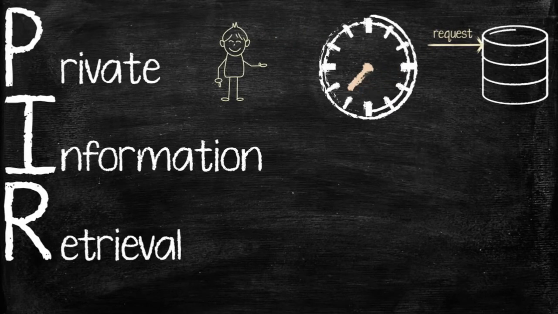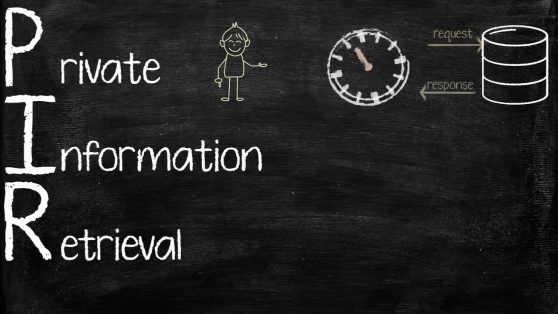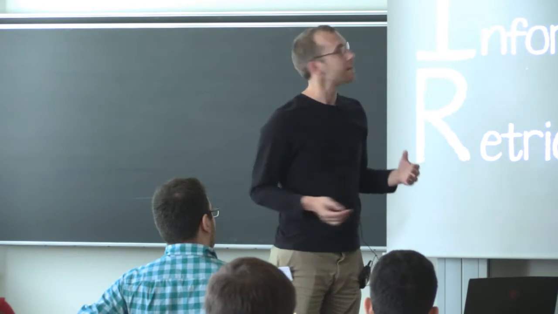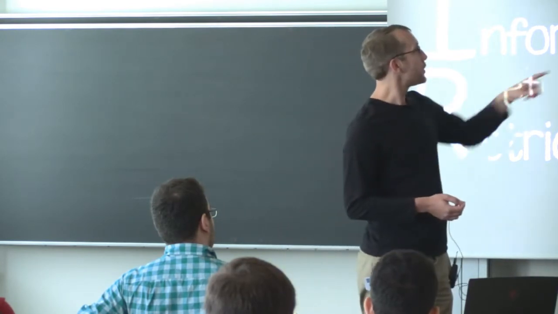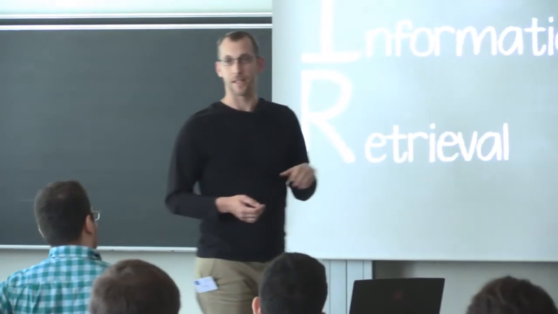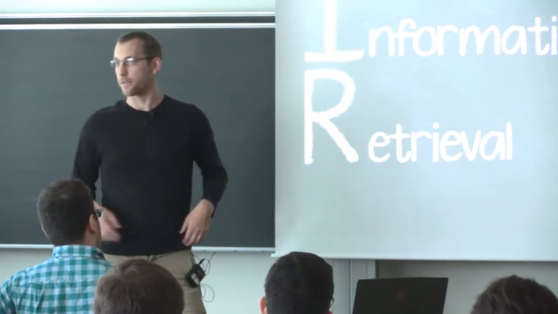Once the database has received the request, the user waits for quite a long time, apparently, and eventually gets a reply back. What's special about PIR versus regular information retrieval is that in exchange for this excessive waiting time, the client has retrieved a record from the database, and the database learns nothing about what it was that the client asked for or got from the database.